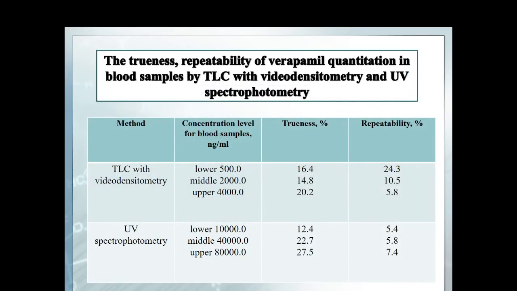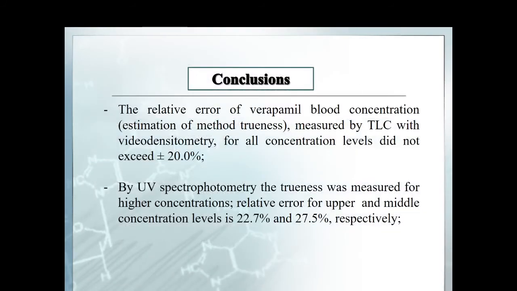To assess trueness and repeatability, blood samples with verapamil at three concentration levels were analyzed within the range of each technique. The relative error of verapamil blood concentration, an estimation of method trueness, measured by TLC with video densitometry for all concentration levels did not exceed 20%.